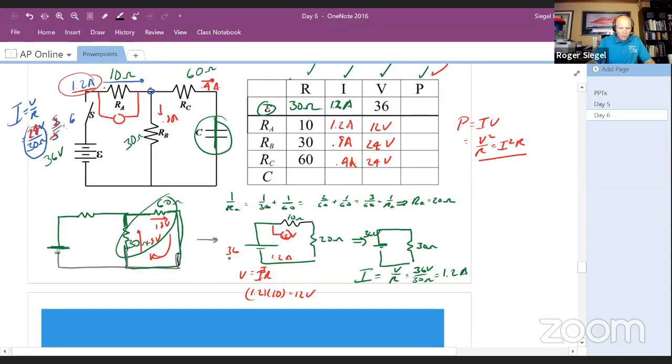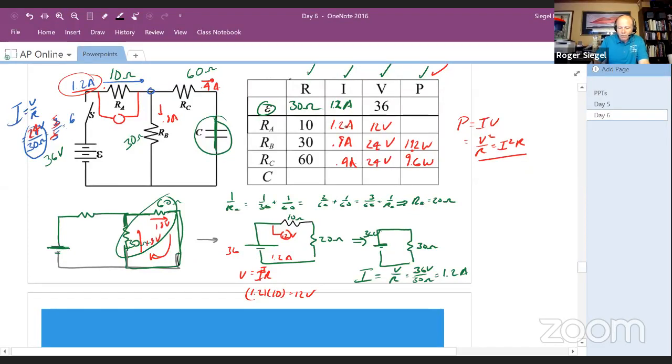All right. So when we multiply the current times the voltage, 0.4 times 24, we get 9.6 watts. When we multiply our current here, 0.8 amperes times 24, we get 19.2 watts.